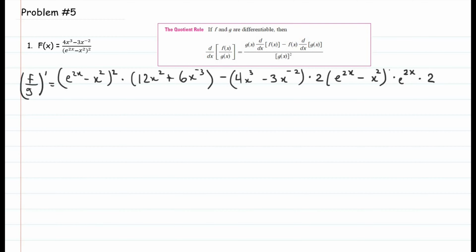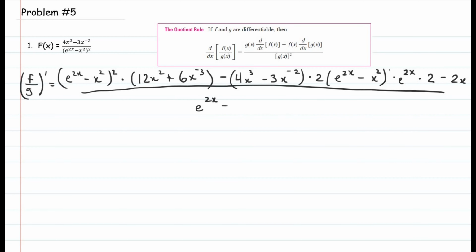So now we take the derivative of minus x squared, so this gives you minus 2x, all over e to the 2x minus x squared to the 2nd power. So now we have to raise this again to the 2nd power. So we're essentially done. I'm just going to simplify this even further.